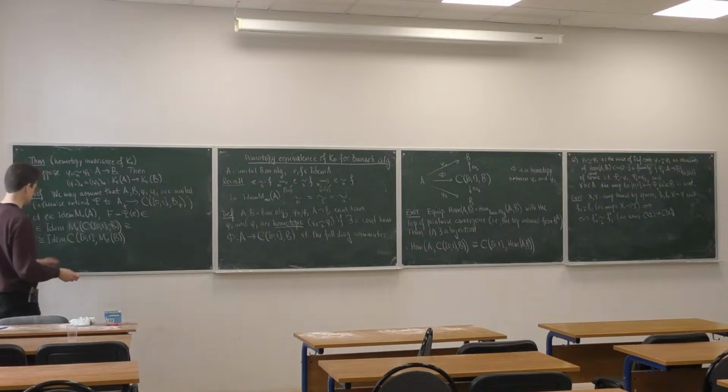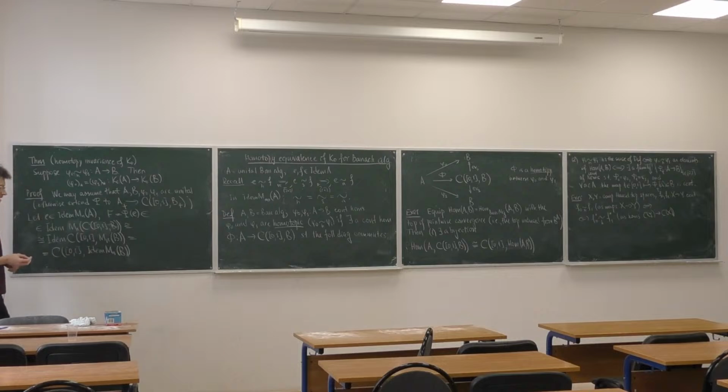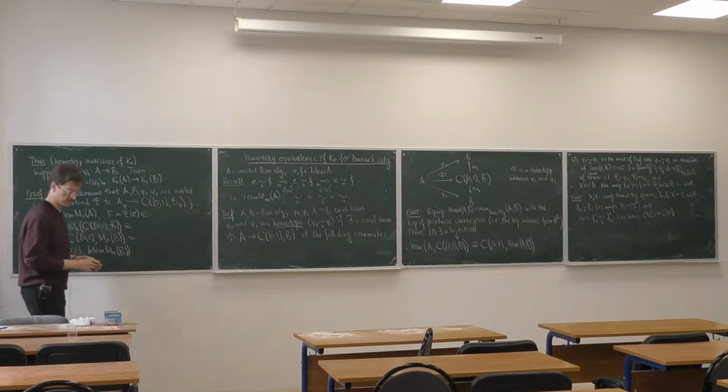And finally, let's observe that the set of idempotents in this algebra is nothing but the set of those continuous maps from 0, 1, whose values sit in the set of idempotents of Mn of B. So in other words, this is just a set of continuous paths of idempotents in Mn of B. And F is an element of this set, so it is a continuous path.